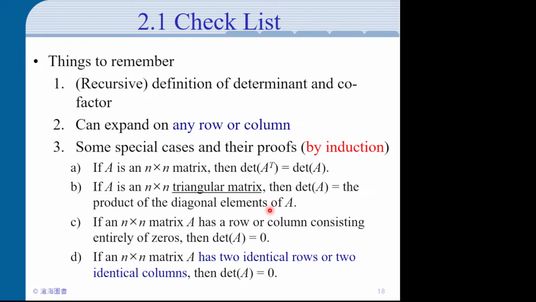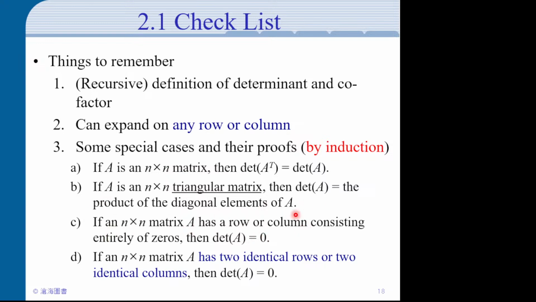So we have 2.1 here. A reminder again: we have now some interesting properties. We have proved that the determinant of A transpose equals the determinant of A, and the determinant of a triangular matrix is just the product of the diagonal elements.